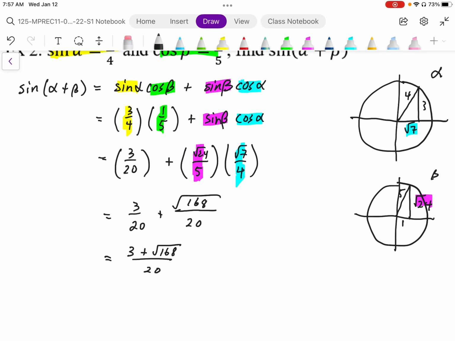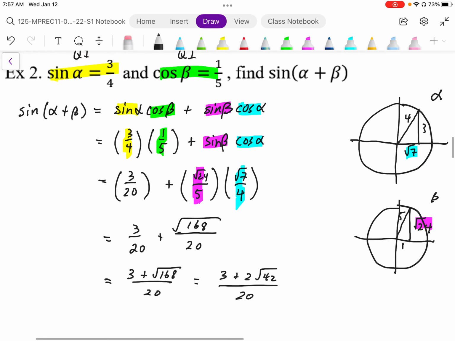It might be a good idea to rewrite that with the perfect square involved. So the perfect square that divides into there looks like it's just the 4. So this is good enough. I probably should rewrite this as 2 root 42 over 20.